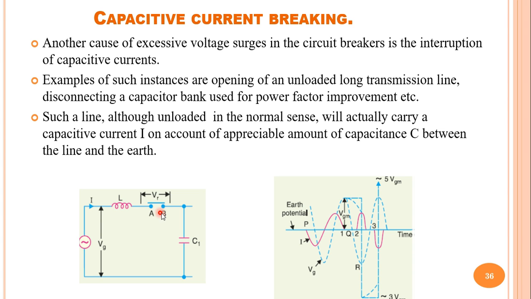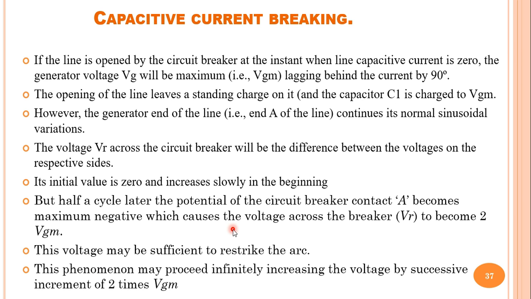So again, due to the restriking of the arc, it will form a short circuit path, and the capacitor is again charged to 2 Vg. This process continues, multiplying as 2 times Vgm, and the maximum value is limited up to 5 Vgm. This process is called capacitive current chopping.